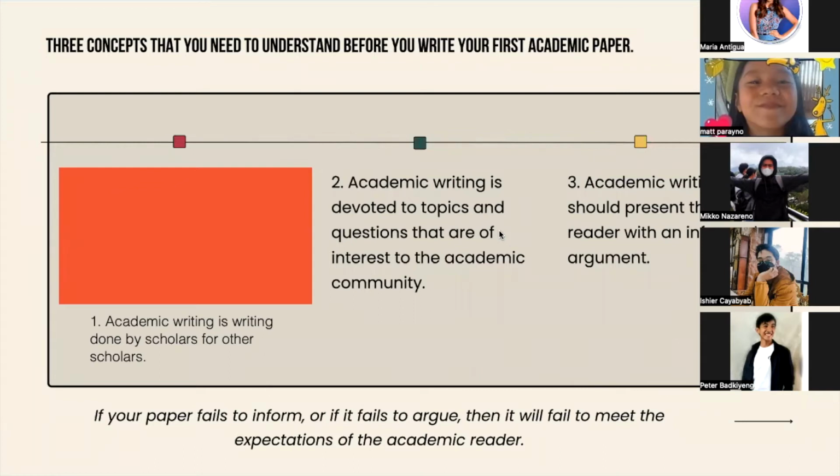If it's not relevant, then it won't be interesting, because again, you have to write with purpose. So most often, it has to be relevant and appropriate. How do you know when the topic is relevant and appropriate?